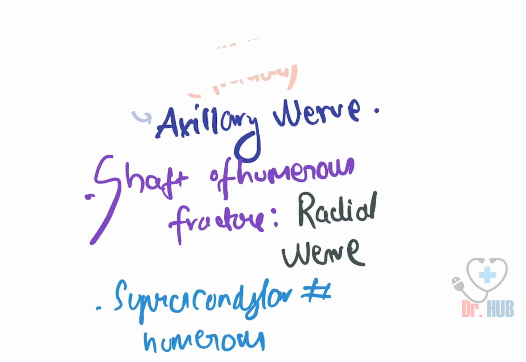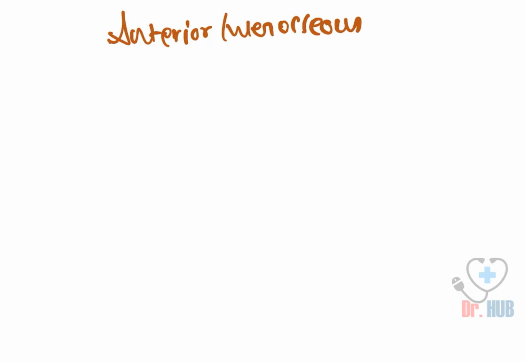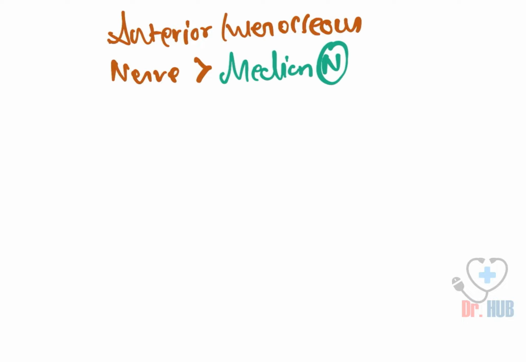In the supracondylar fracture of the humerus, there is involvement of the anterior interosseous nerve. It is the first priority, and after that there is the involvement of the median nerve, and post that there is also the radial nerve.